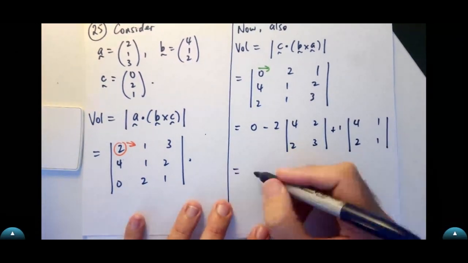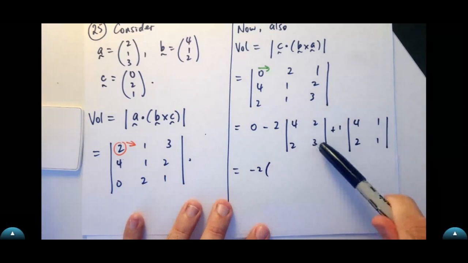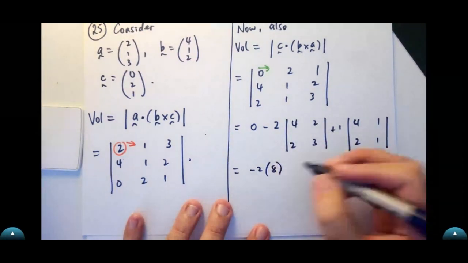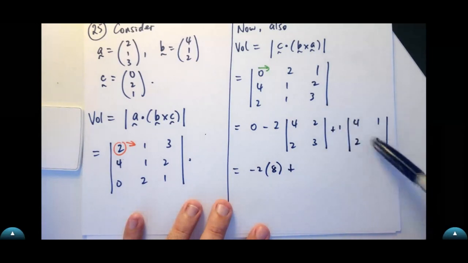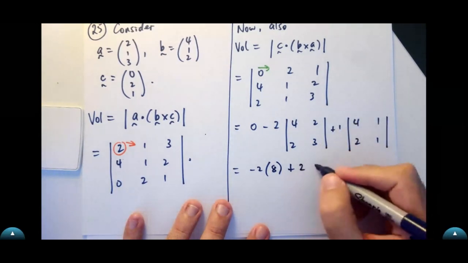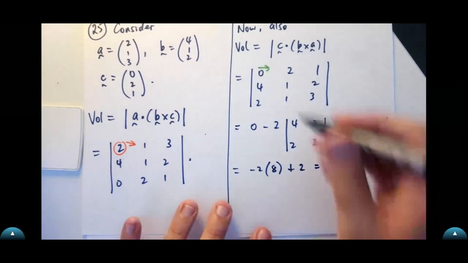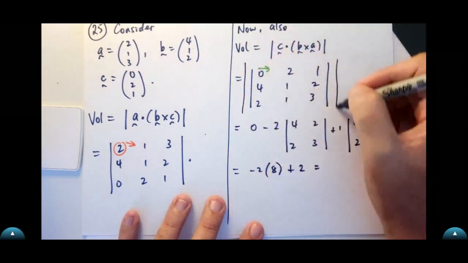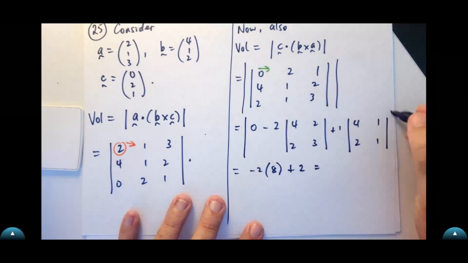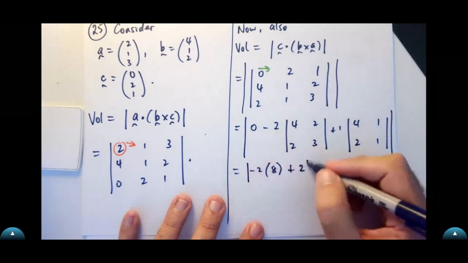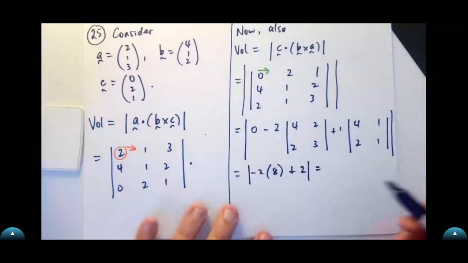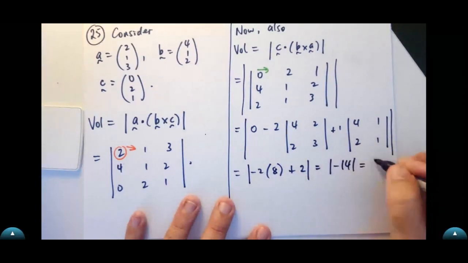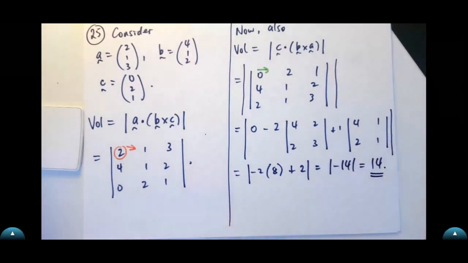You're going to get -2, that's going to be 12 minus 4, which is going to be 8. That's going to be 4 minus 2. Oh yeah, hang on. So I'll put these in here. So we're making the absolute values. Okay, there. So you're going to get -16 plus 2, -14. There you go.